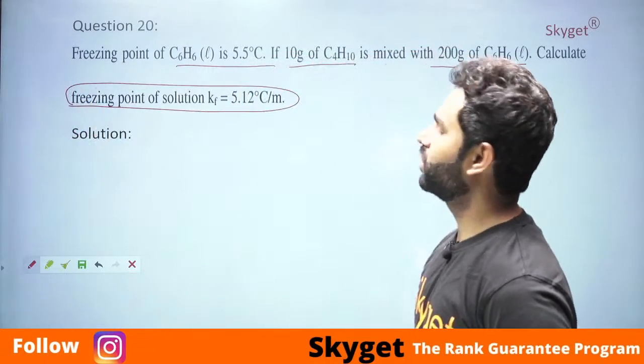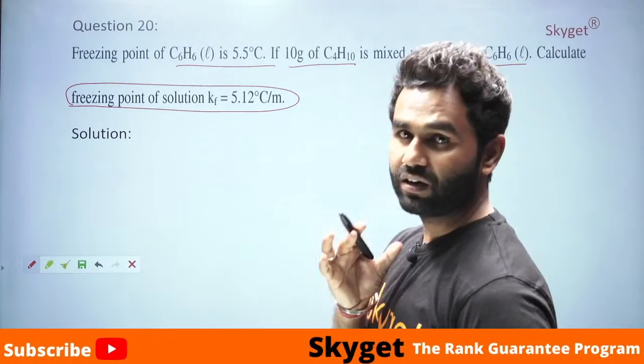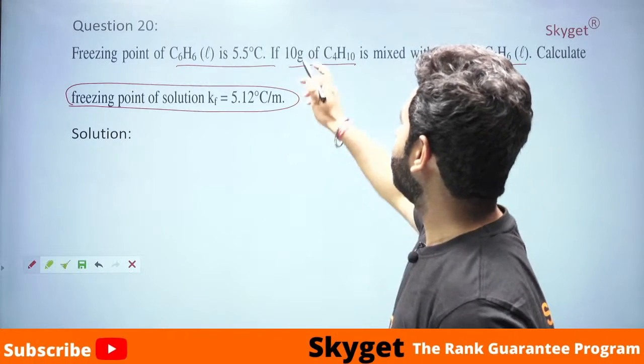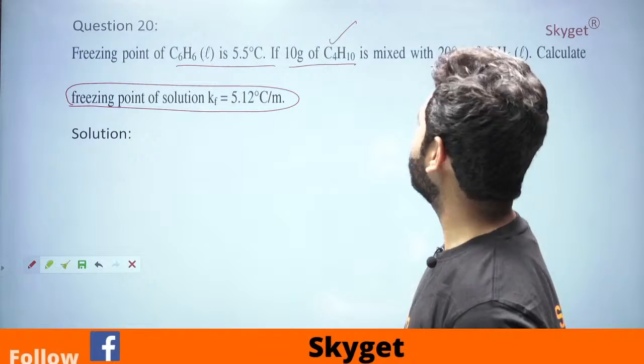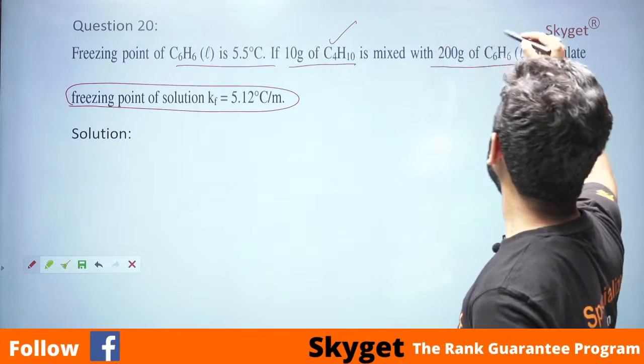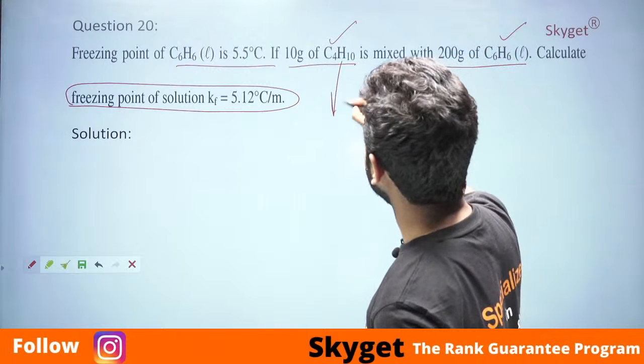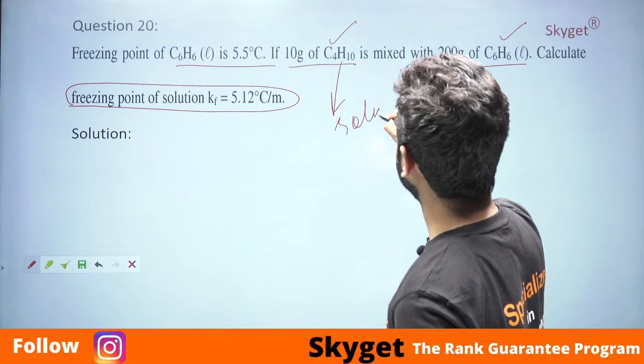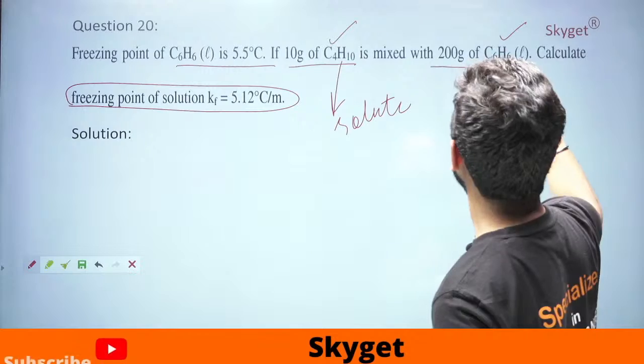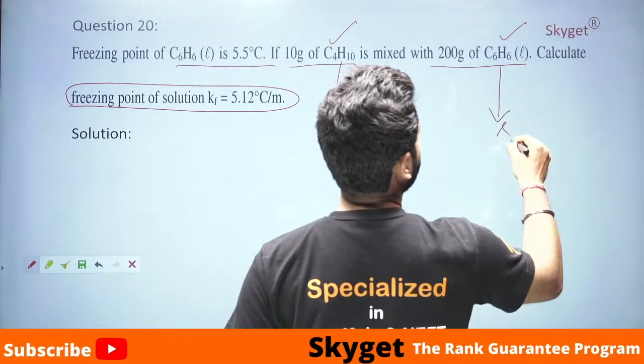Now here we will notice that when this compound C4H10 is added into benzene, that is C6H6, it acts as a solute, and this is a solvent.